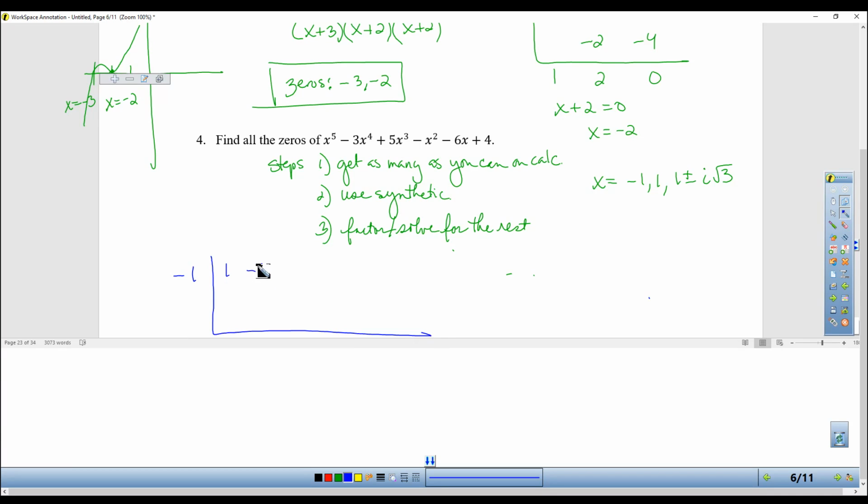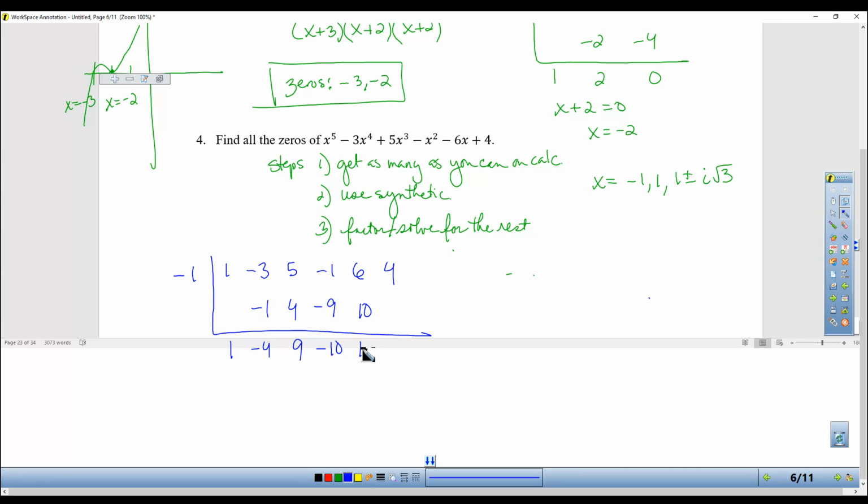So 1, -3, 5, -1, 6, and 4. Remember, if you do forget a 0 in there, you just won't get 0 at the end. It won't work. So add, multiply, add, multiply, add, multiply, add, multiply.